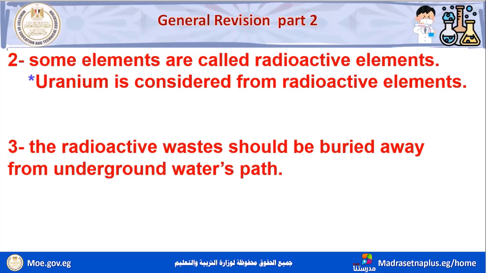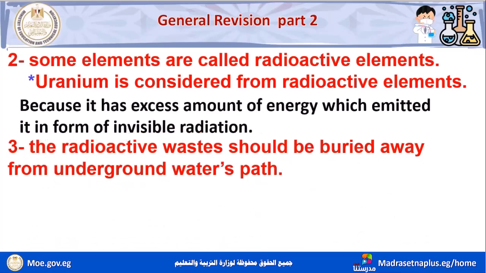Uranium is considered a radioactive element because it has an amount of energy which it emits in the form of invisible radiation. Question number 3: the radioactive waste should be buried away from underground water's path to prevent water pollution.